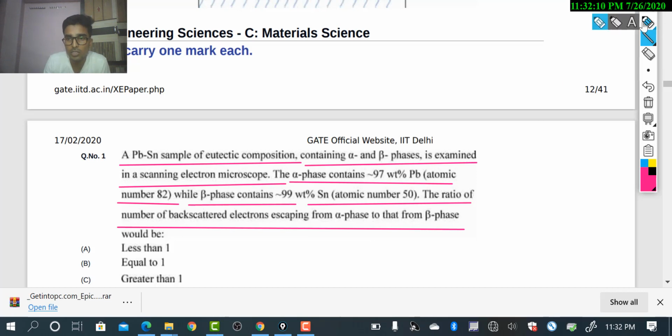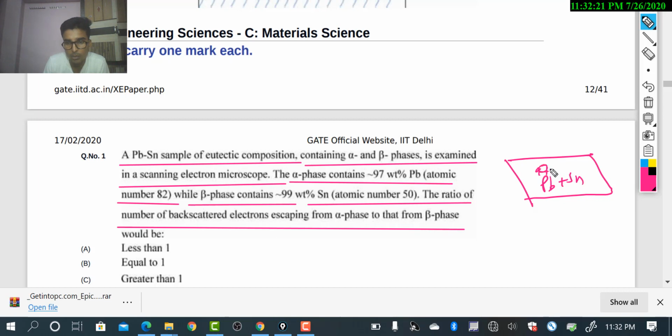So basically this question is about, suppose it is given that the sample is a mixture of Pb plus Sn, and Pb is 97%. So an alpha plus beta phase mixture is there.